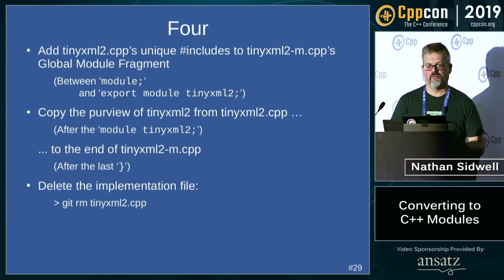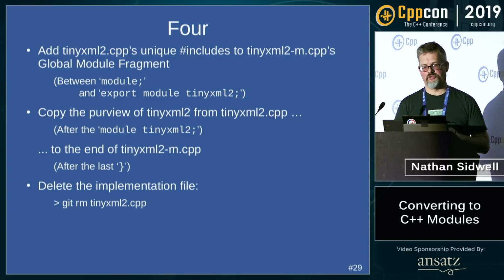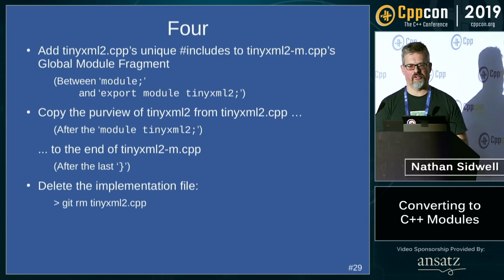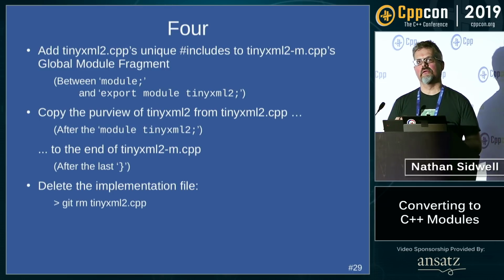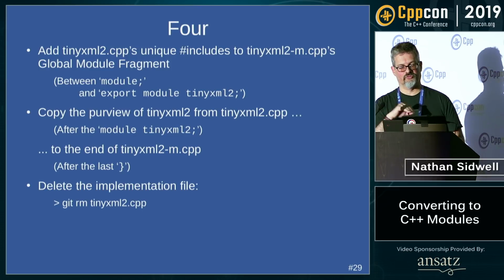And to do that, we're essentially undoing some of the things we just did to make it a named module. The implementation file, tinyxml2.cpp, had some unique hash includes that weren't in the header file, the interface. So we need to copy them into the interface's global module fragment.